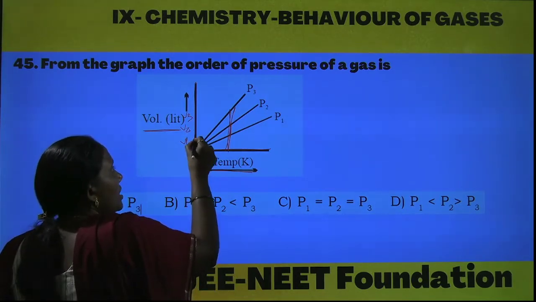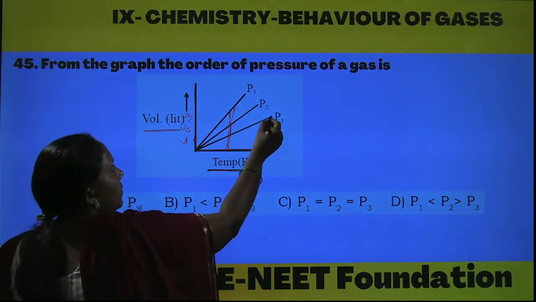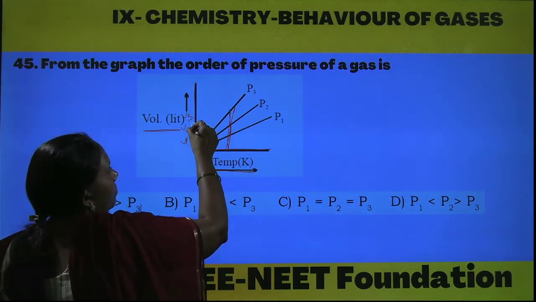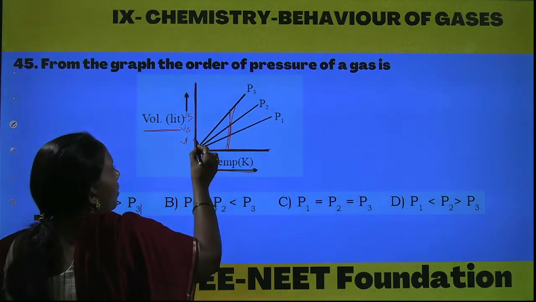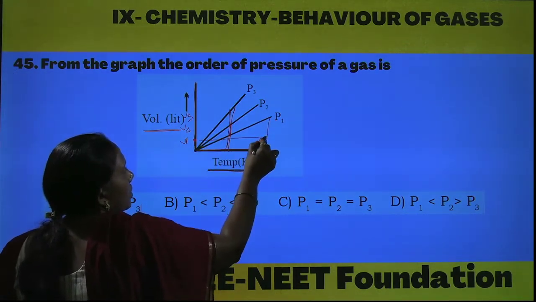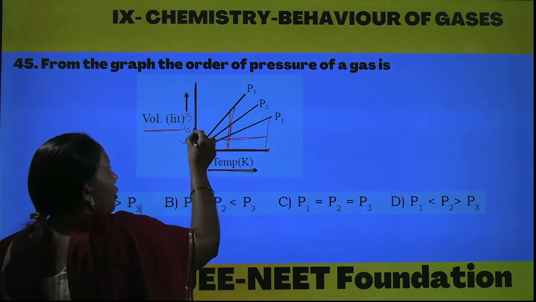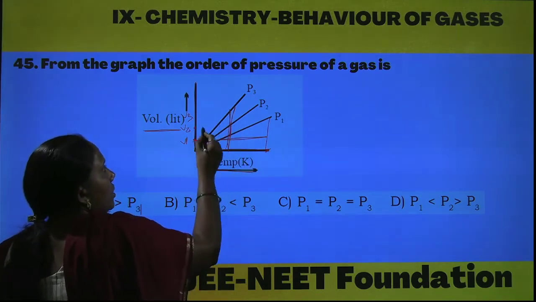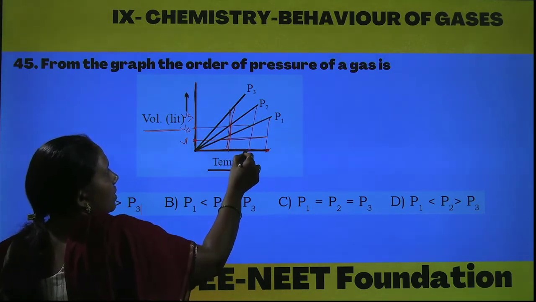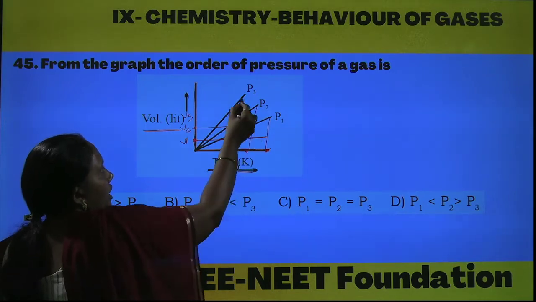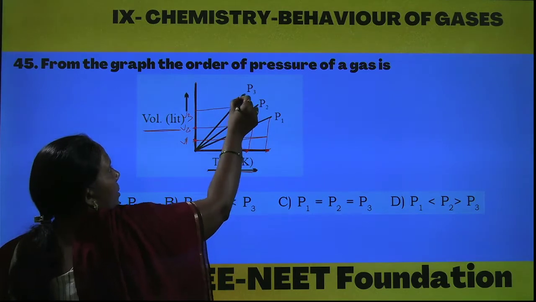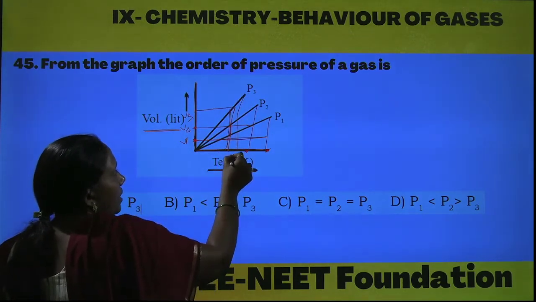See V1 is here, then P1 value will be here. V2 is here, then P2 is here, means pressure value is decreased. If V3 value is here, means V3 is increased, but P3 is here, means P3 is decreasing.